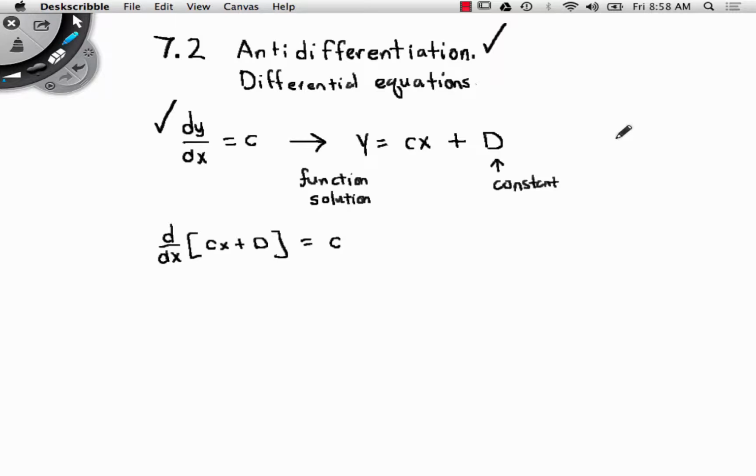Now, if I had an additional condition, I knew that y of 0 was 3. This is called an initial value problem. Because now I have a condition that I know that I didn't know before.